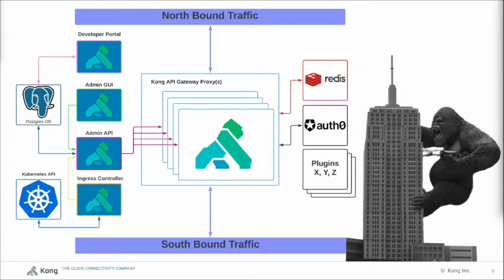So if you are looking at services and routes in Kong Gateway, those are the definitions that determine how the data plane proxy is going to respond to requests coming in the door and how it communicates to services upstream that it is proxying that traffic to.